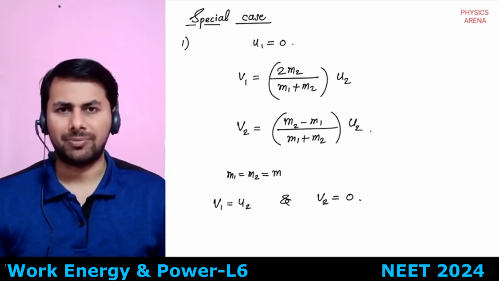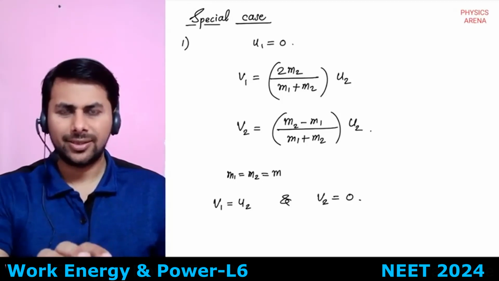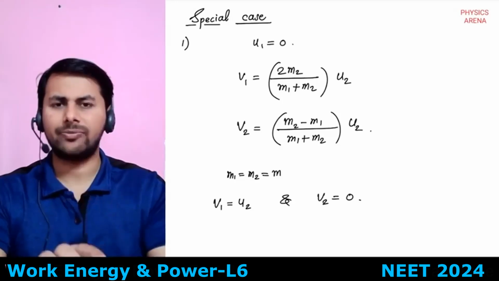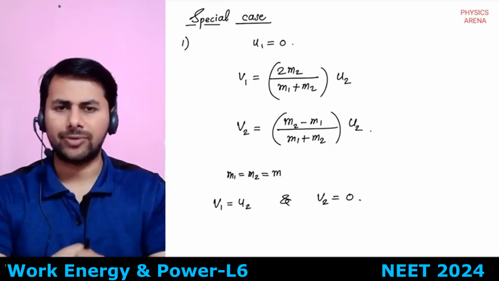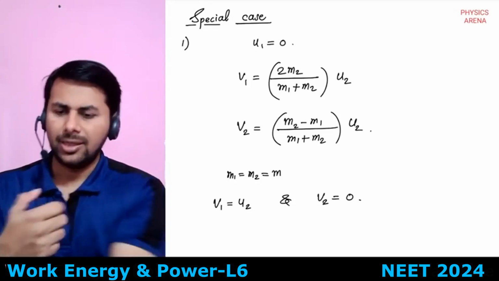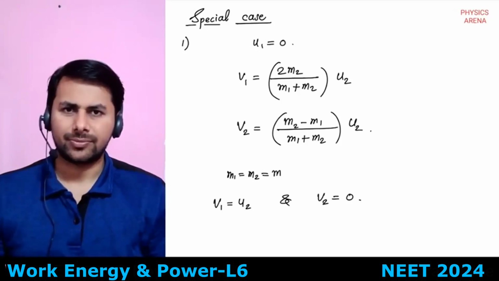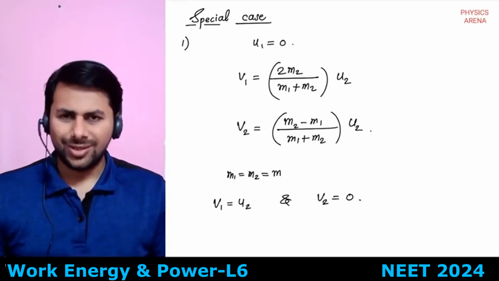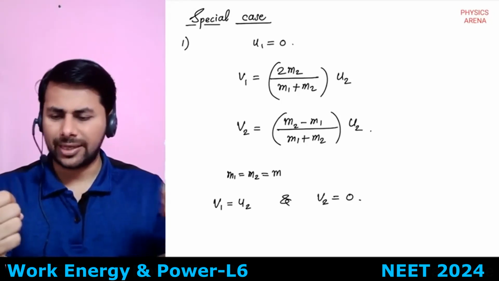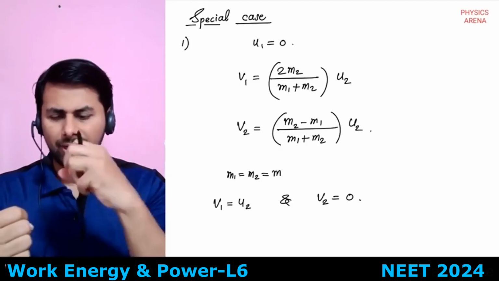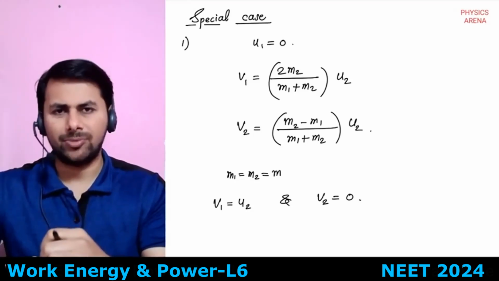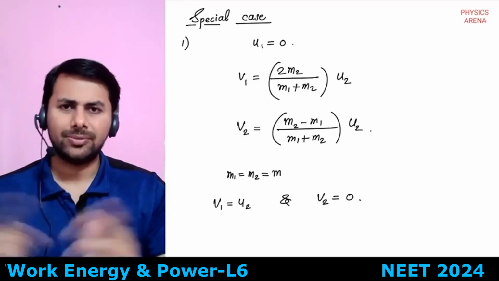The first body was at rest, the second body is following, and their masses are equal. What will happen if the second body collides with the first one? The second one will stop there, and the first one will begin to move with the same velocity as that of the second one.